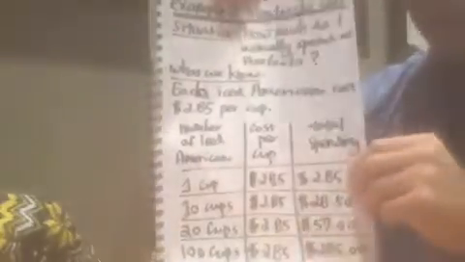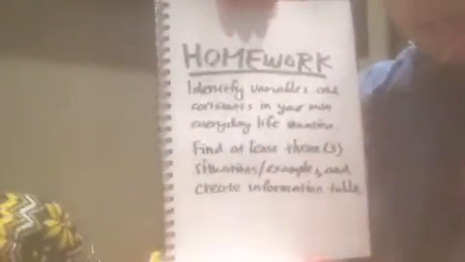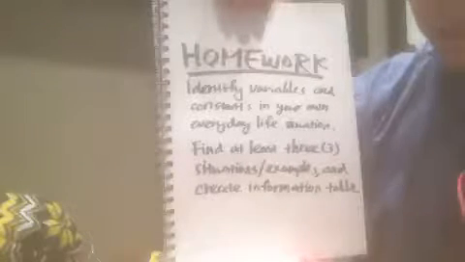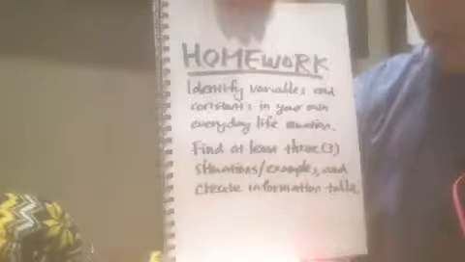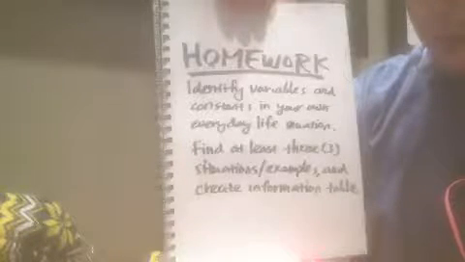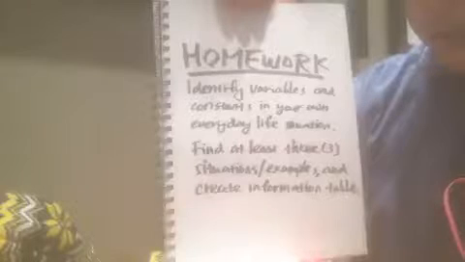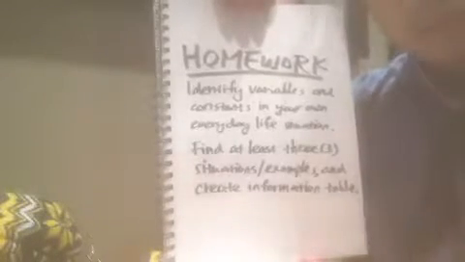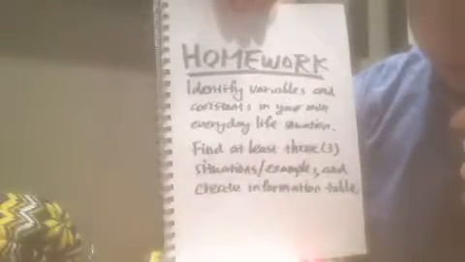Now, to wrap up, I know you're all very excited. So this is the homework. The homework is to identify variables and constants in your own everyday life situations. Find at least three situations or examples and create an information table.